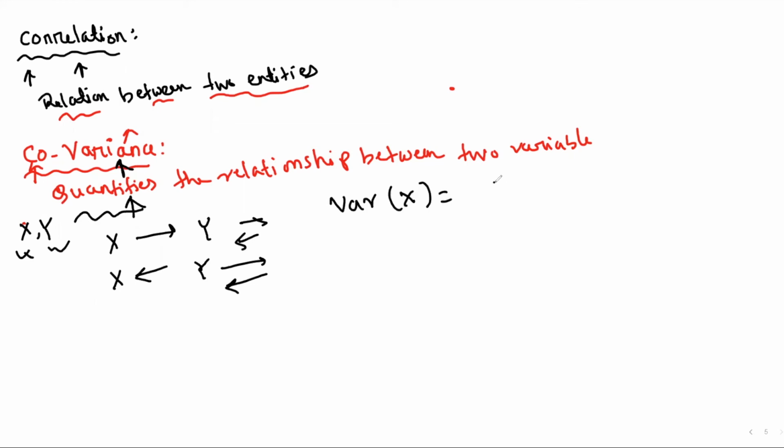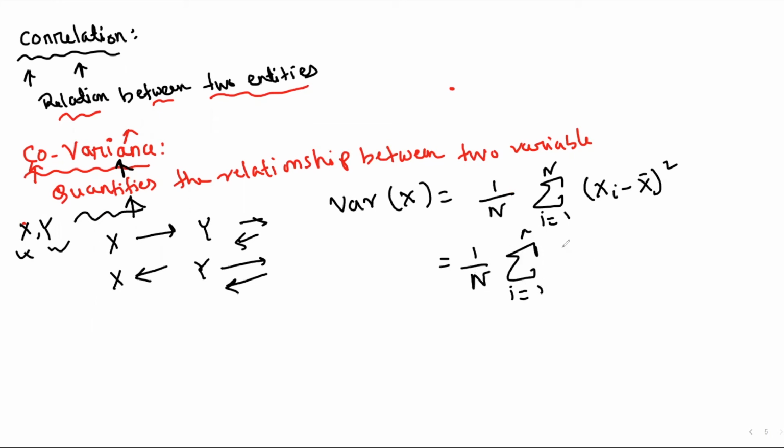What is the formula for variance? 1 by n, summation of i equals 1 to n, (x of i minus x bar) whole squared. This we can also write as 1 by n, summation of i equals 1 to n, (xi minus x bar) into (xi minus x bar). Same thing, right?